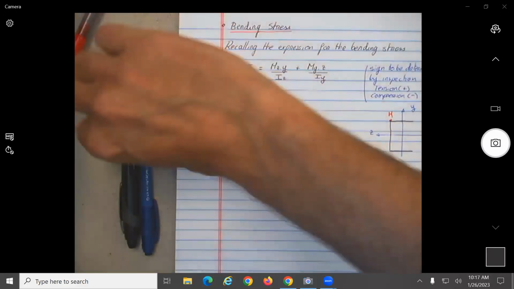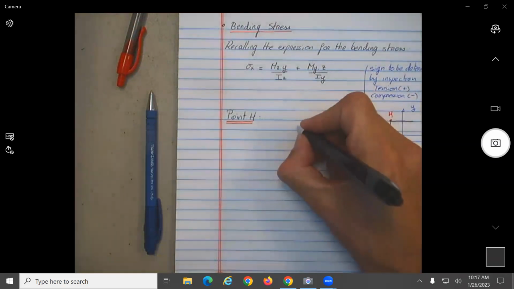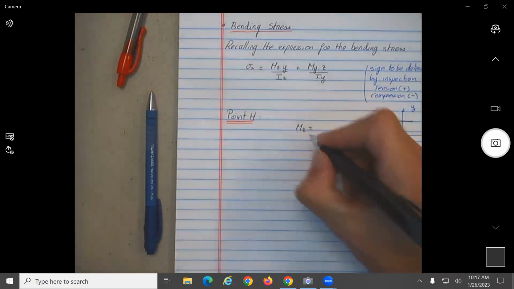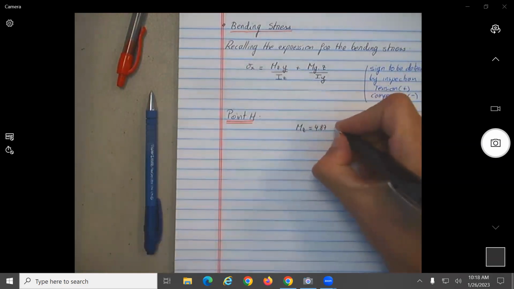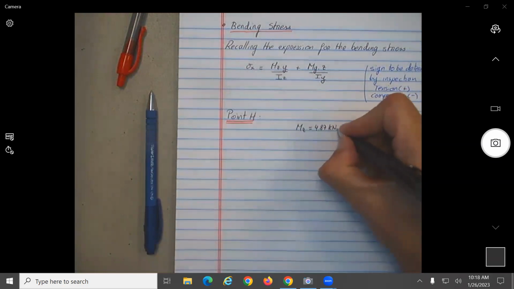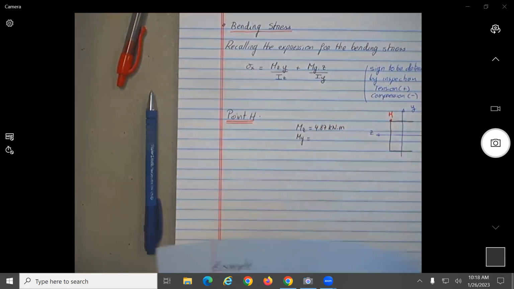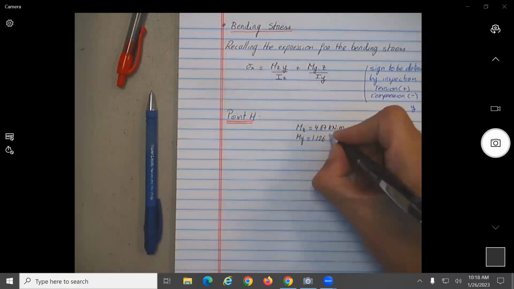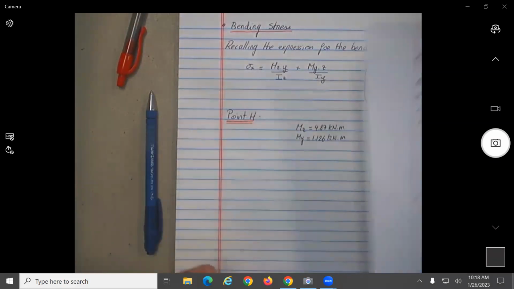So we had Mz equal to 4.87 kilonewtons per meter, and My equal to 1.126 kilonewtons per meter.